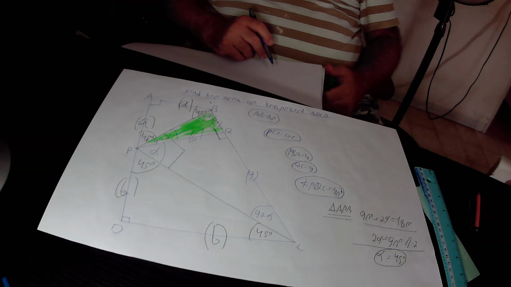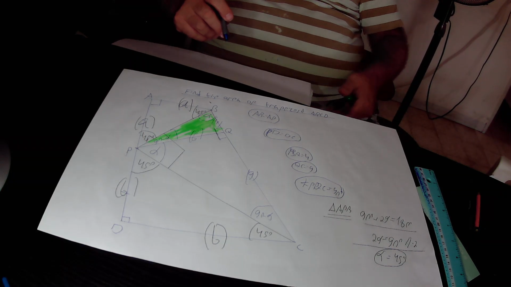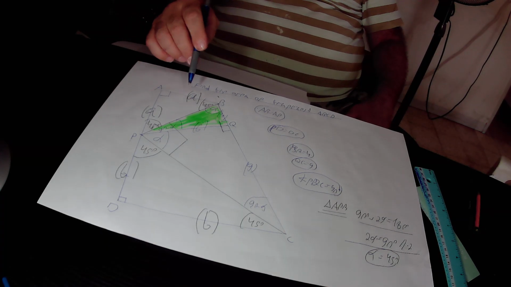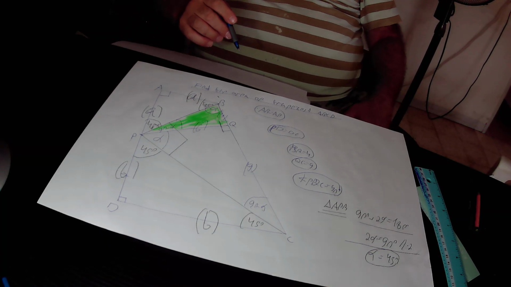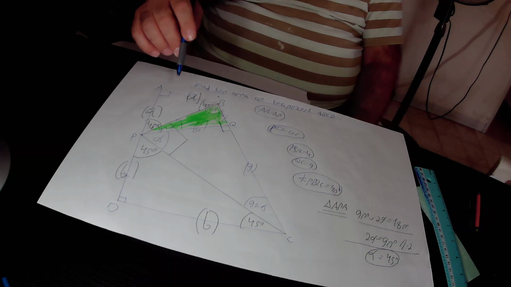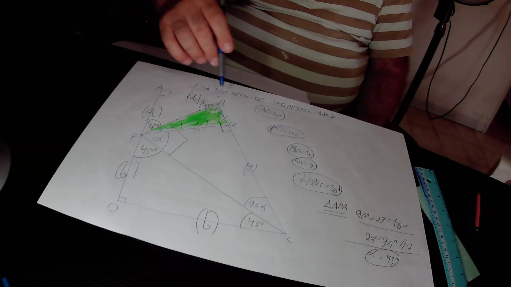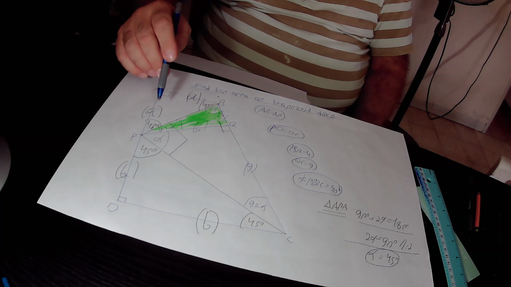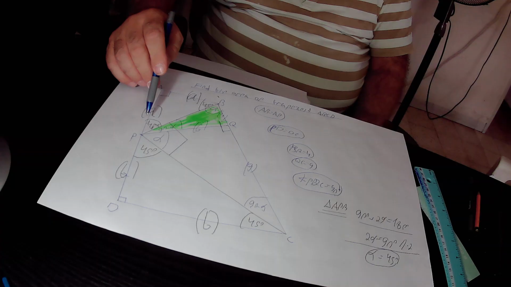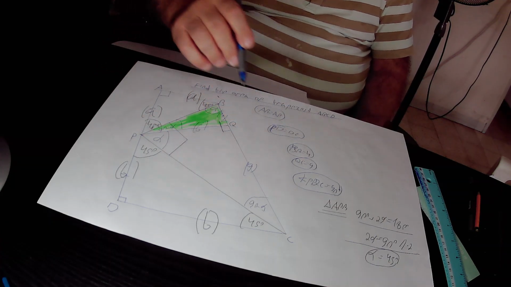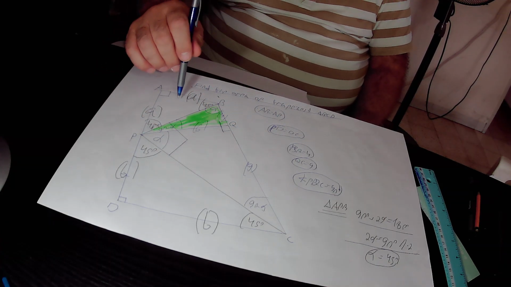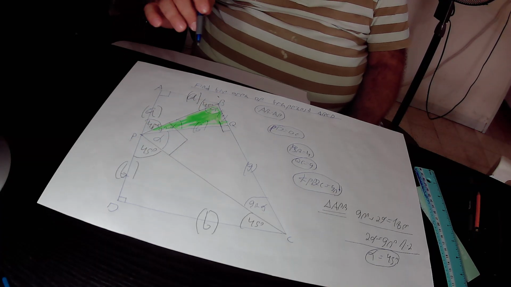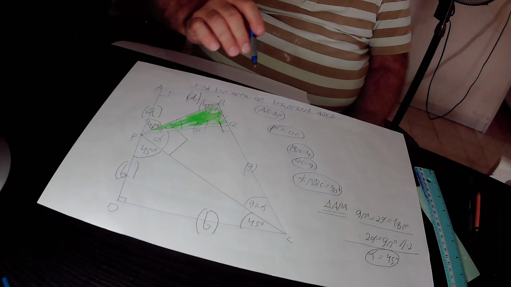Trapezoid ABCD consists of this first component, that is the right small triangle ABP, and it also consists of the second component, that is the big right triangle PBC, and the third component is the right triangle PDC. So the sum of the areas of those three components in total must be equal to the area of the trapezoid ABCD.